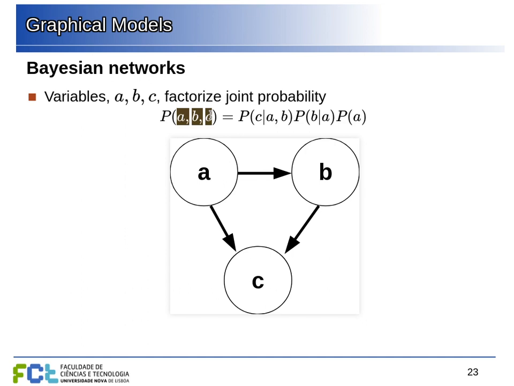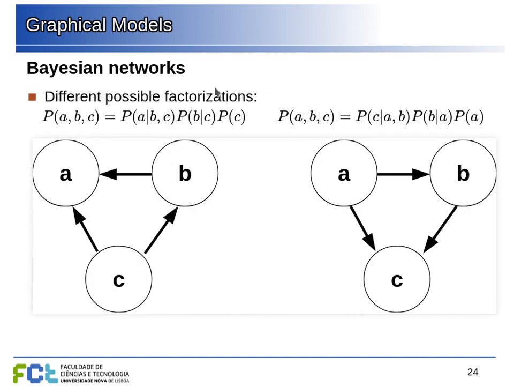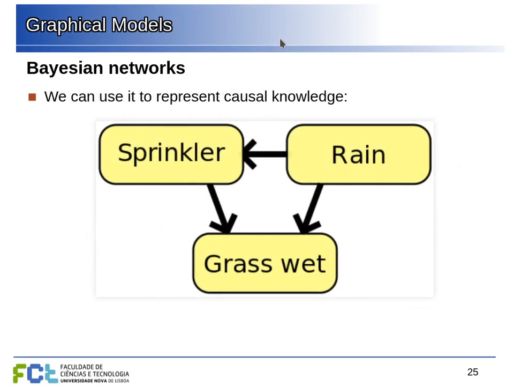So the joint probability distribution of these three variables is the same as the product of the conditional distribution of C given A and B, then the conditional distribution of B given A, and finally the distribution of A. We could do this in different ways, so we have different possible factorizations, but basically the joint distribution of A, B, and C could be represented with different conditional probabilities. But with a Bayesian network, we can use this to express something like causality, for example.